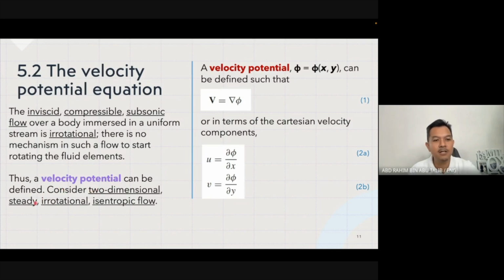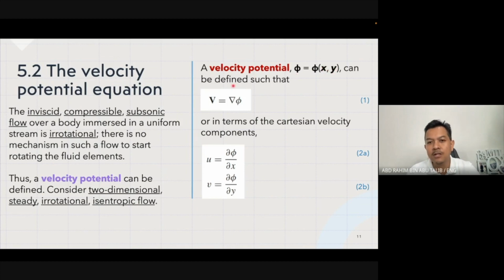Consider two-dimensional, steady, irrotational, isentropic flow. We have a term here, the velocity potential, normally called phi, which is a function of the x and y directions.